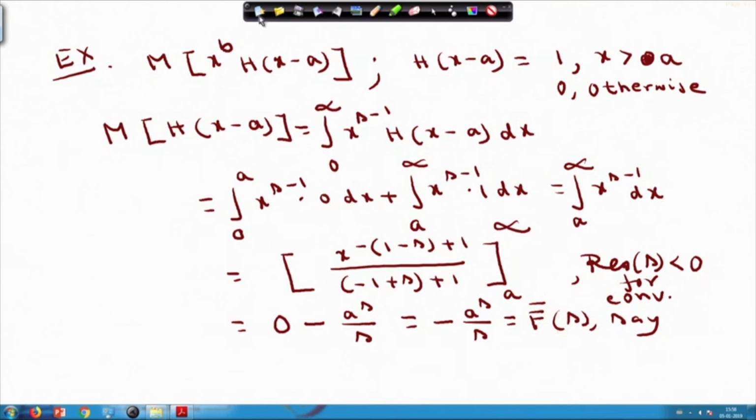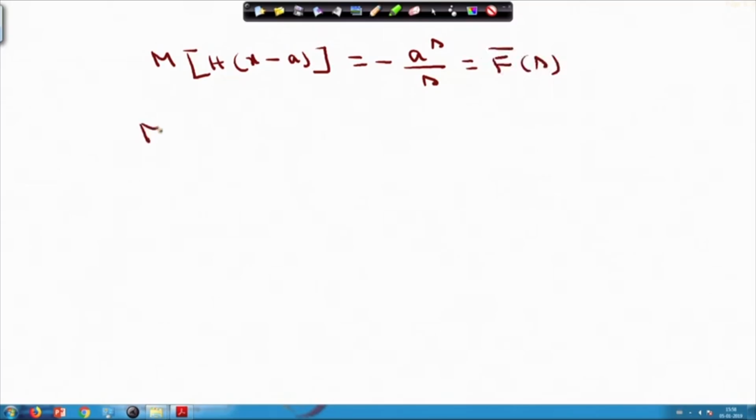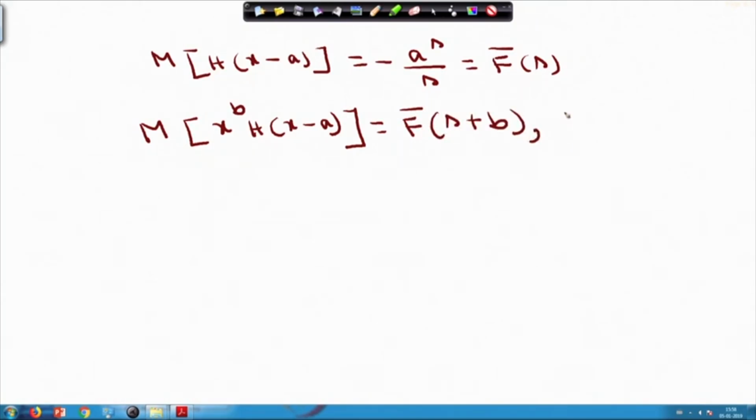Therefore, once I have this particular property that the Mellin transform of h of x minus a equals minus a to the power s by s, which equals say f bar s, the Mellin transform of x to the power b h of x minus a, we can directly write down as f bar s plus b. Please note that we have used here the shifting property.